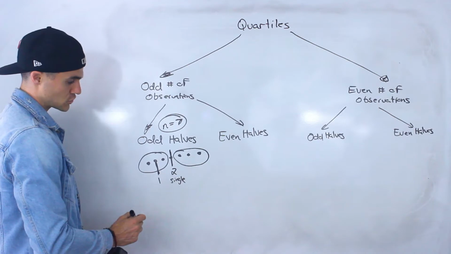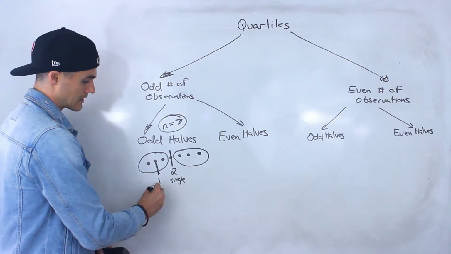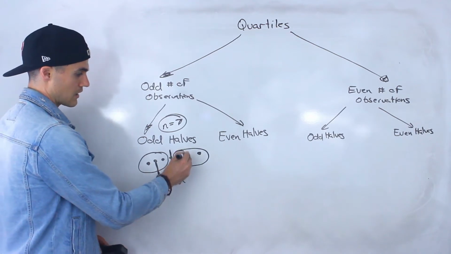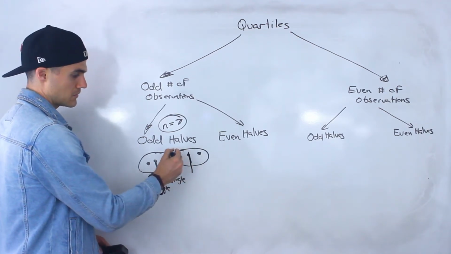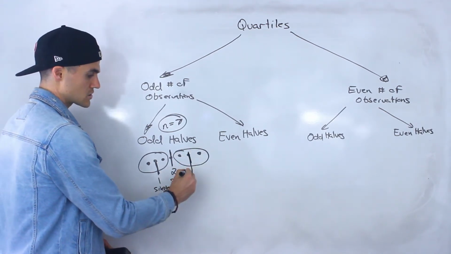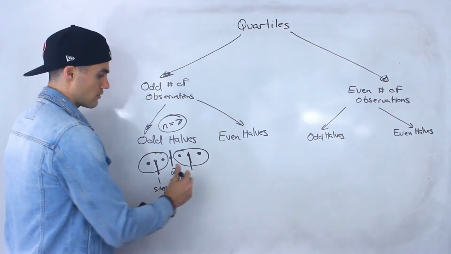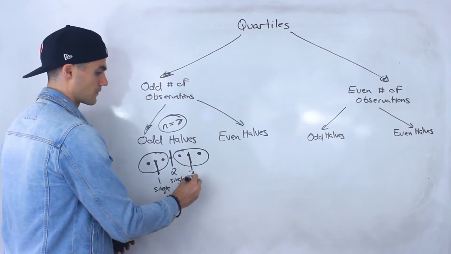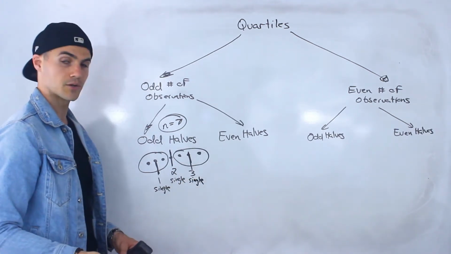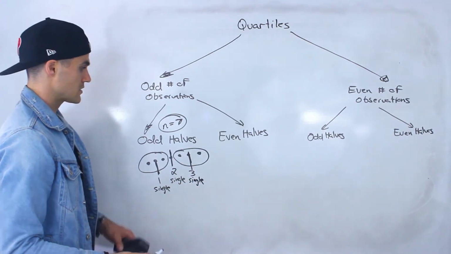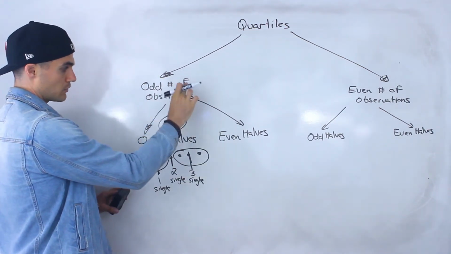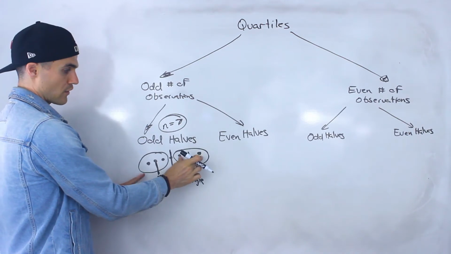So that would be the first quartile right there. Notice that it is a single value as well. Same thing with this. That's going to be the median of this group of data, which is going to be the third quartile, which is also going to be a single value. Right? So that would be the first case right there. An odd number of observations, 7, with odd halves.